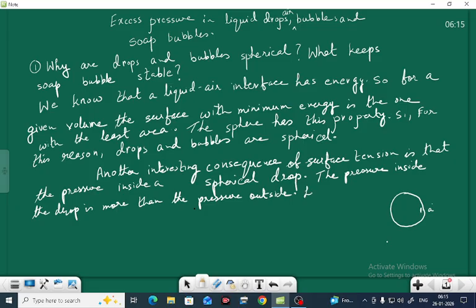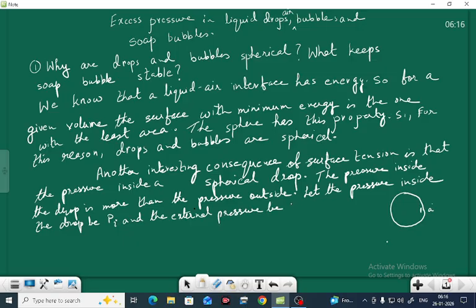Let the pressure inside the drop be Pi. Inside or internal pressure is Pi, and the external pressure be Po.